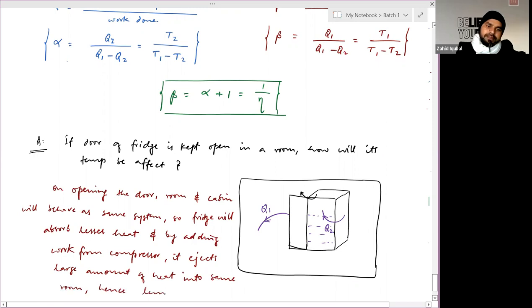Hence, the temperature of the room will increase.